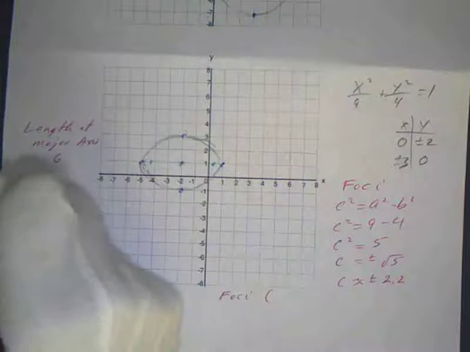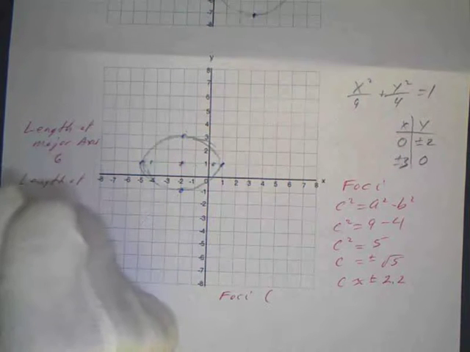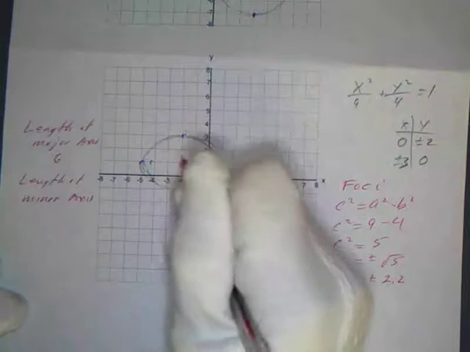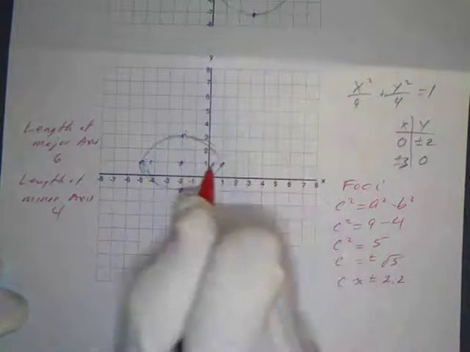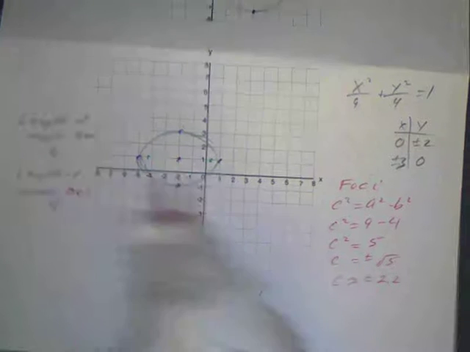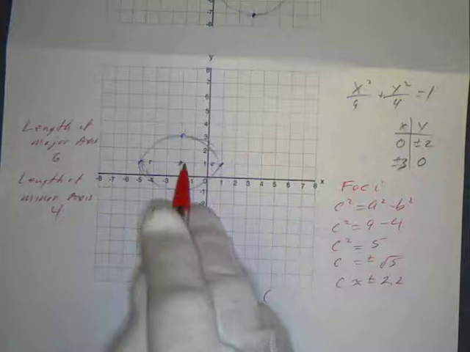And length of the minor axis is going to be 1, 2, 3, 4. So that's your major axis and your minor axis, and the foci are on the major axis, the longer one. And we're going to go right 2.2 and back 2.2.